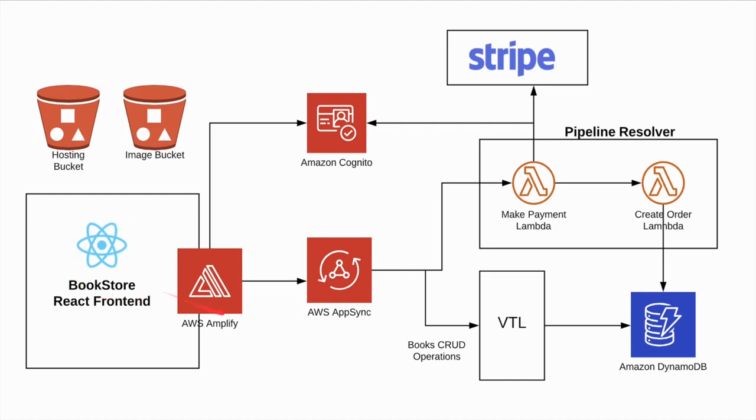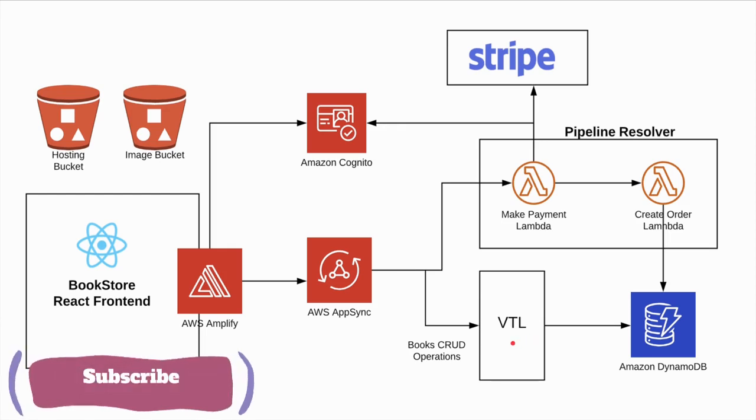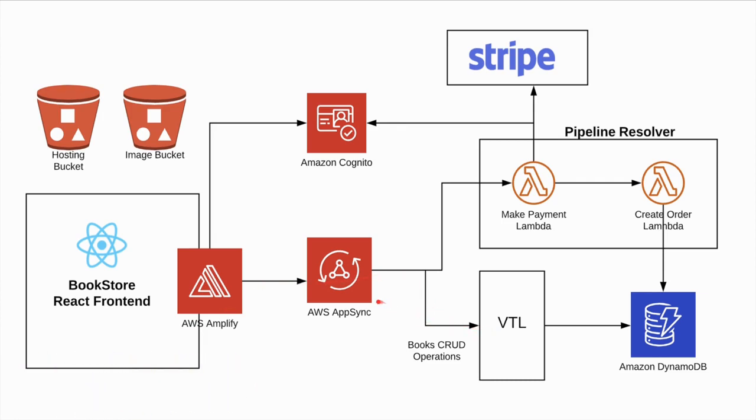Now in the React frontend, we have the Amplify library installed. We use the Amplify library to connect with our backend. As our backend, we have a GraphQL API, which is powered by AppSync, and that is going to handle CRUD operations for books, such as admin create books, user read books, etc. All these CRUD operations will be handled by VTL templates or velocity templates, and the best part is we never have to write any of these templates because that is automatically provided by Amplify when we are configuring this API.